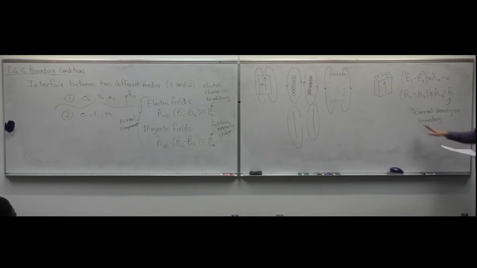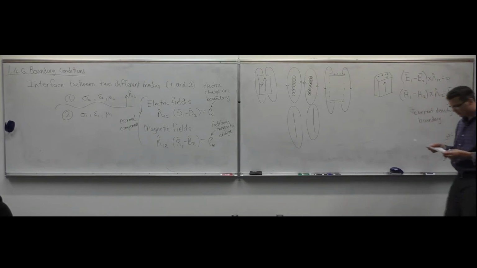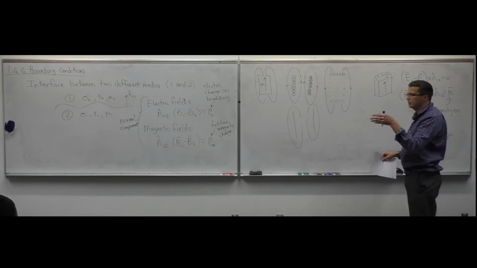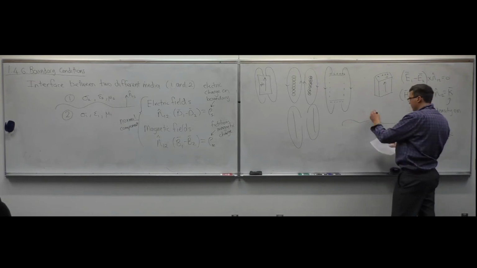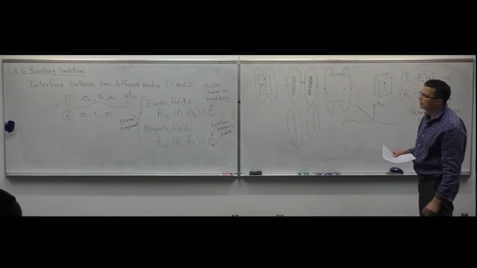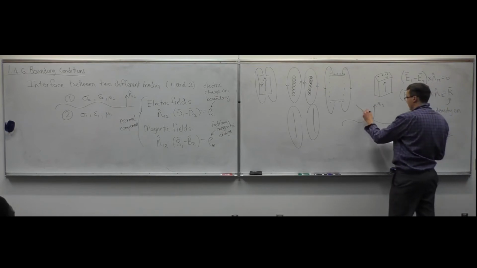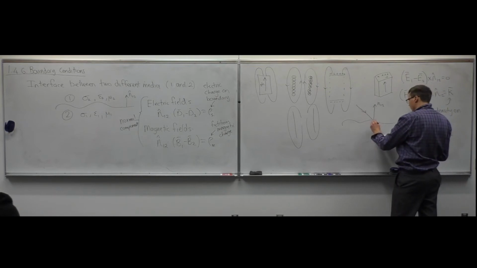Okay, so all this is saying is that the field going in has to come out. So if you have N12 here and you have a field going in, then it must come out.